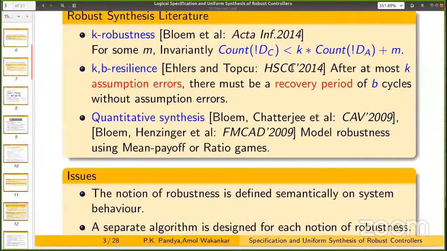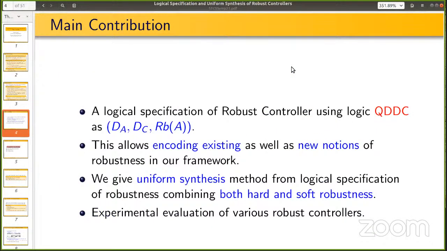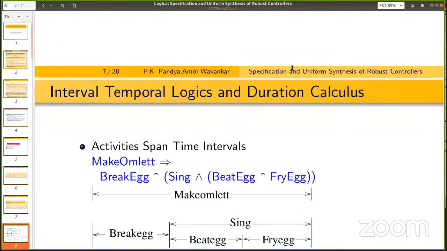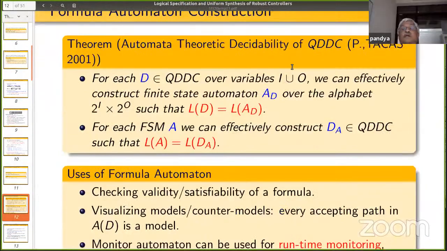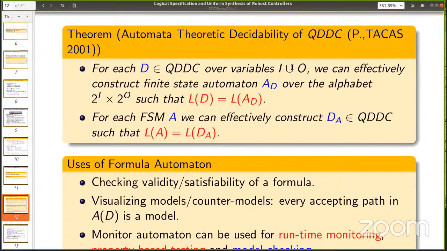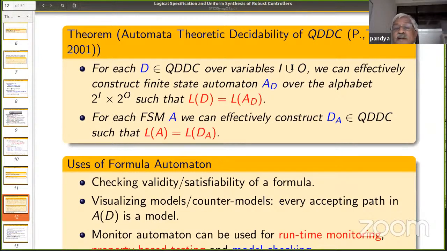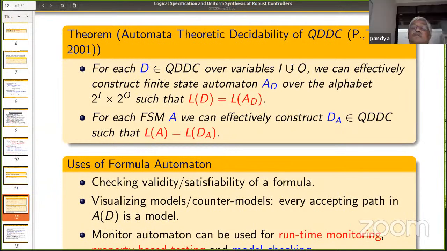But if I talk about the expressiveness, are there properties which you can, for example, write in QDDC, but they are not expressible in LTL? QDDC has exactly the expressive power of regular languages. LTL can express omega regular languages, but you can also interpret LTL over finite words. It can only express star-free regular languages. Yeah, but that will be like first order logic, right? First order. So this is beyond that.